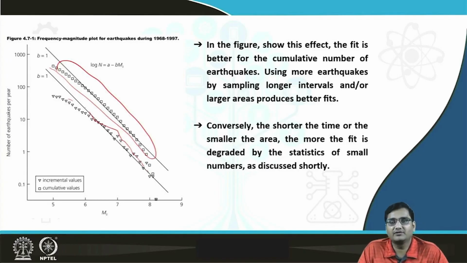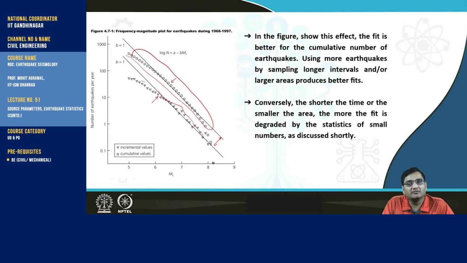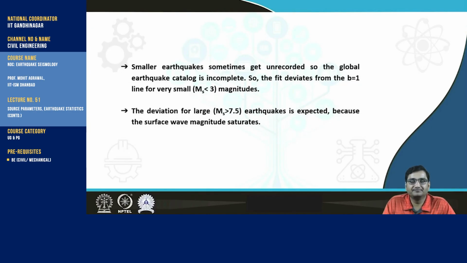Conversely, the shorter the time or the smaller the area, the more the fit is degraded by the statistics of small numbers, as discussed shortly. So if you compare both of these fits, the fit is better in this case, and it is not that good in the case of incremental values.